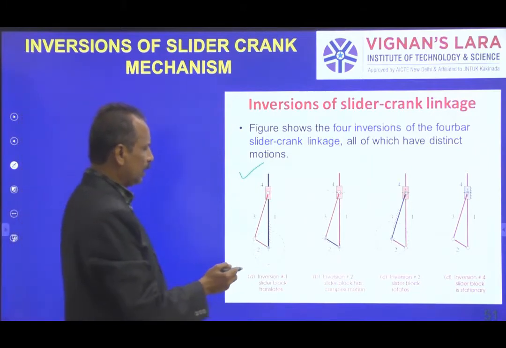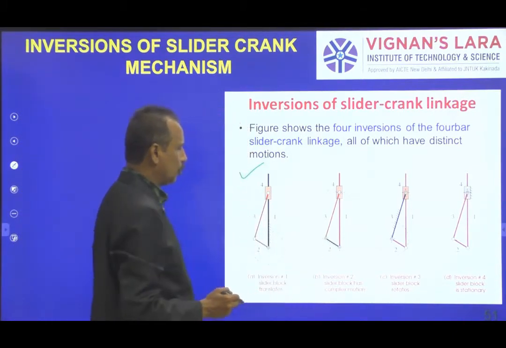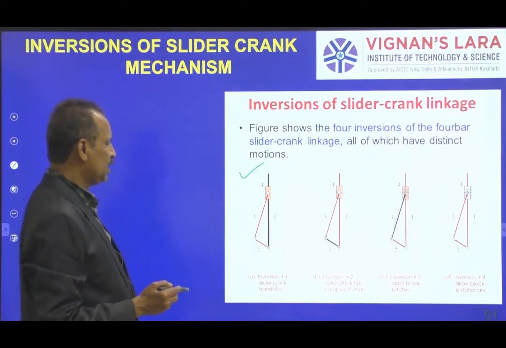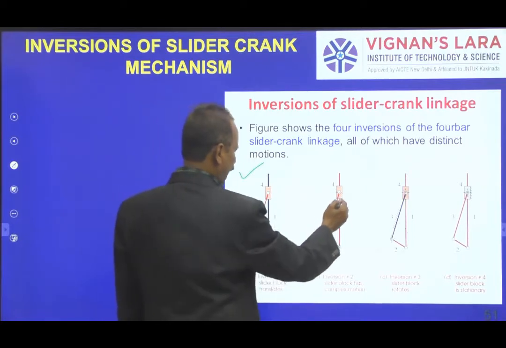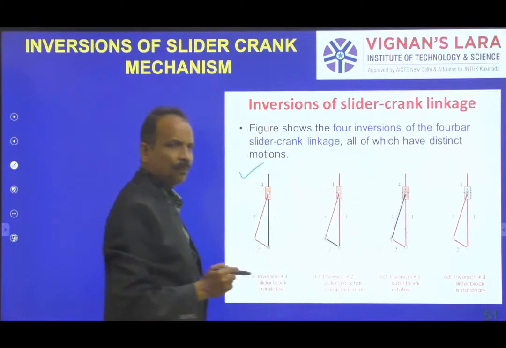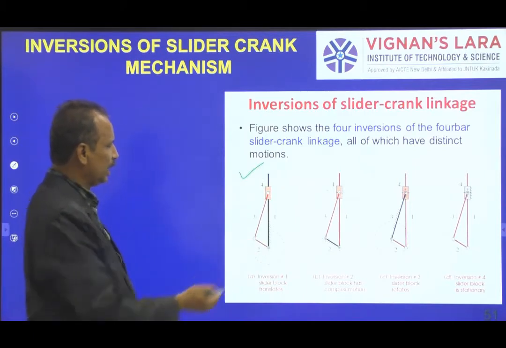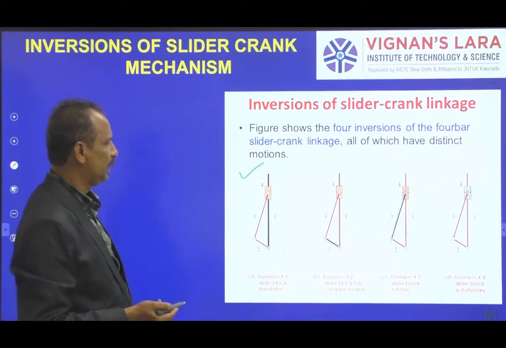The second one is when link 2 is fixed. When I fix link 2, the slider block has a complex motion. This is the slider block. We will see a bit later its application in the Whitworth quick return motion mechanism in detail.